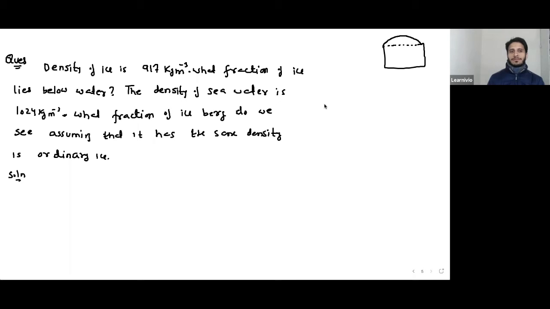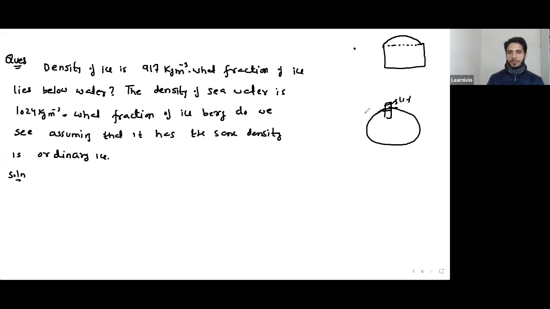Because of an iceberg. The people standing at the top could watch only the tip of the iceberg. You think that the piece of ice is very small and the ship is very heavy, it can crush the ice. But eventually it turned out that the iceberg was very, very large. The tip was small, only 10% was visible, and the remaining 90% was within the water. So the Titanic collided with this iceberg and it sank.